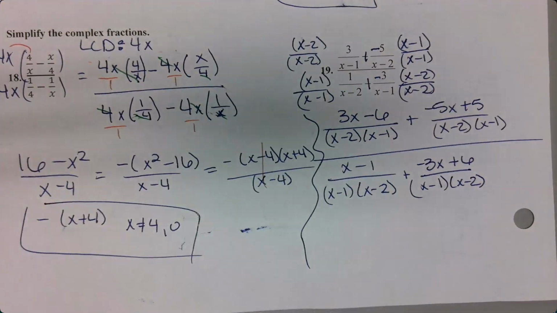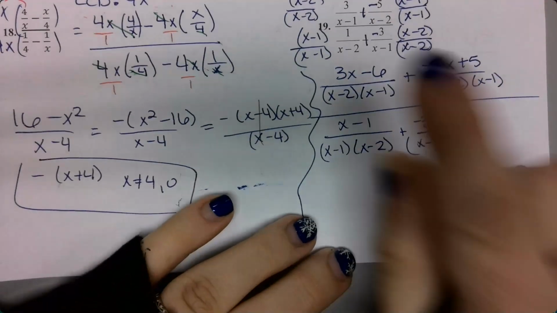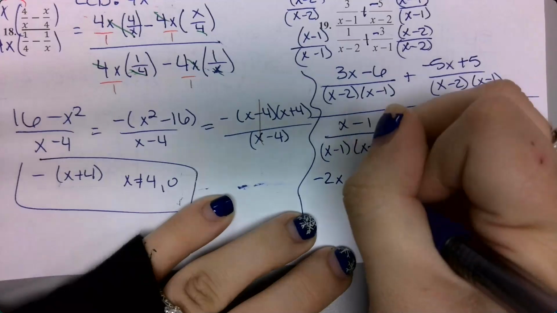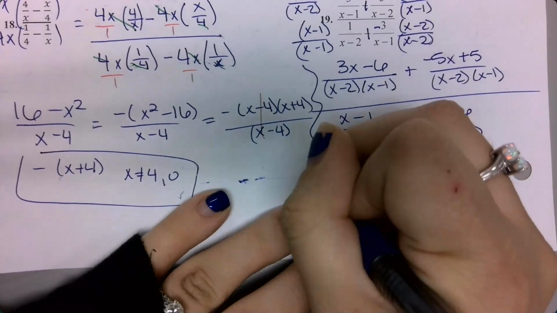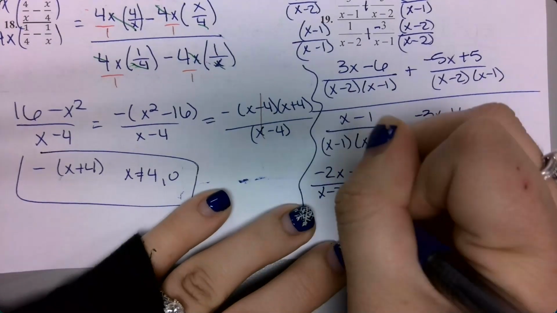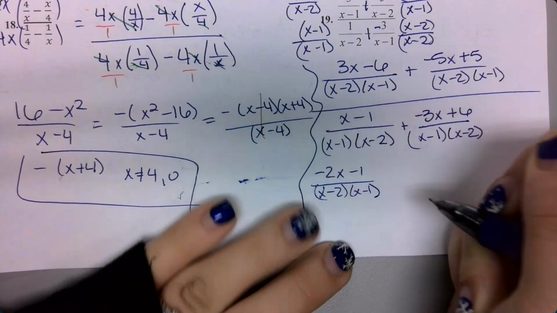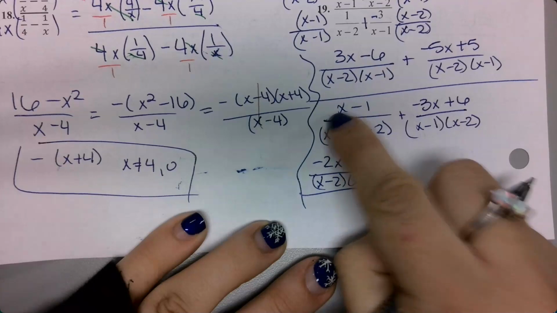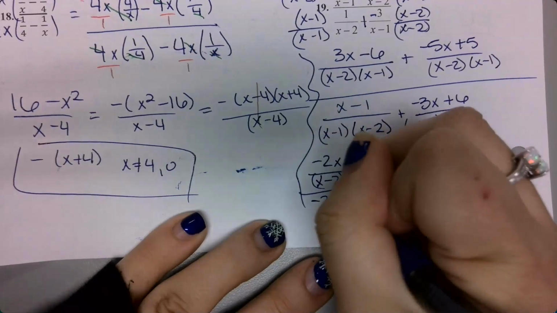I am going to combine my fractions now. On the top, 3x minus 5x is negative 2x. Negative 6 plus 5 is negative 1. Still over x minus 2, x minus 1. Then this fraction is over x minus 3x is negative 2x.